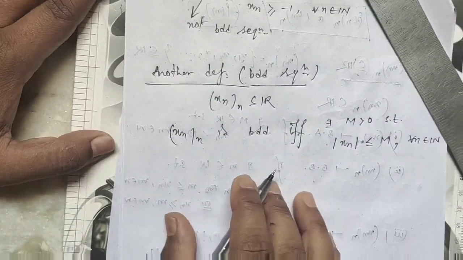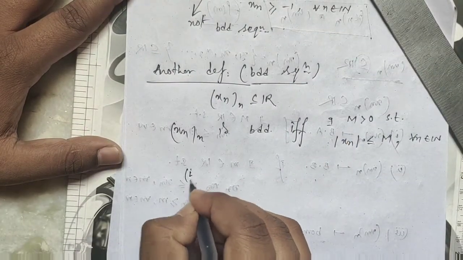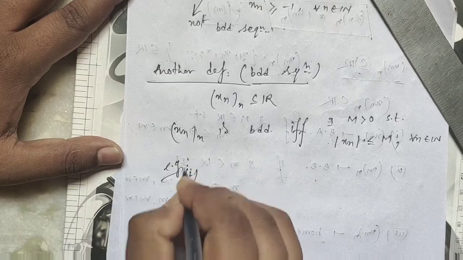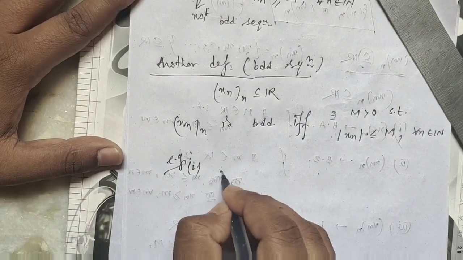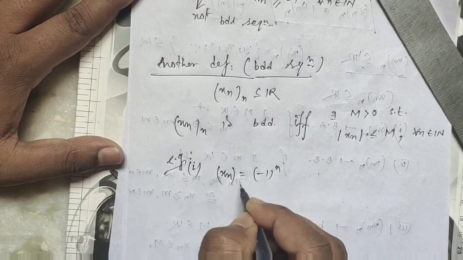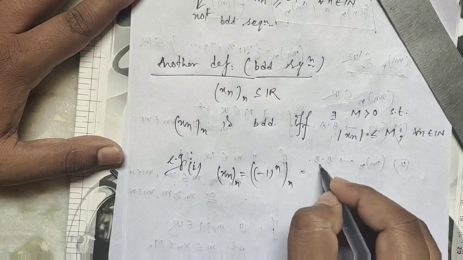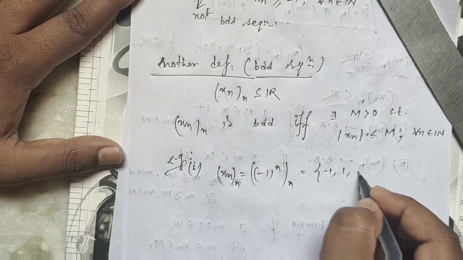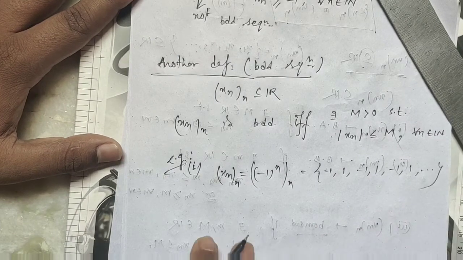For example, if we take xn equal to minus 1 whole to the power n, this is a sequence which is 1, minus 1, 1, minus 1, 1, minus 1, 1 and so on.